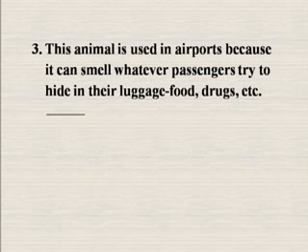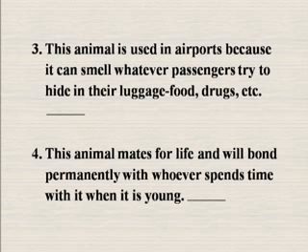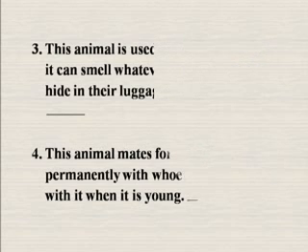This animal is used in airports because it can smell whatever passengers try to hide in their luggage, food, drugs, etc. Number 4. This animal mates for life and bonds permanently with whoever spends time with it when it is young.